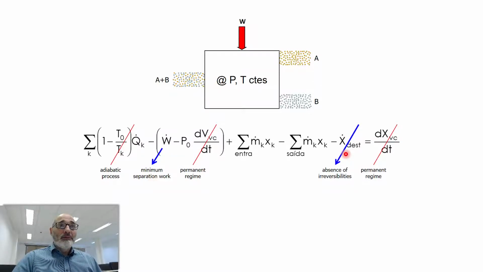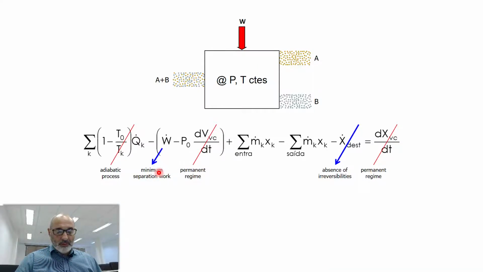Yeah, well, if there is internal heat exchange, for instance, this heat exchange must be done at differential temperature differences. Okay, so by construction, I can avoid exergy destruction. So by canceling this term here, I'm going to get the minimum separation work.